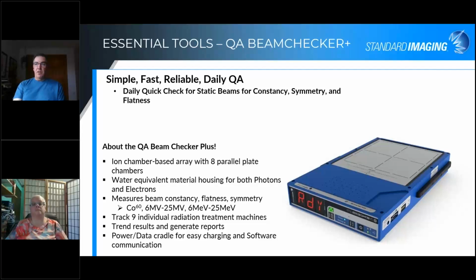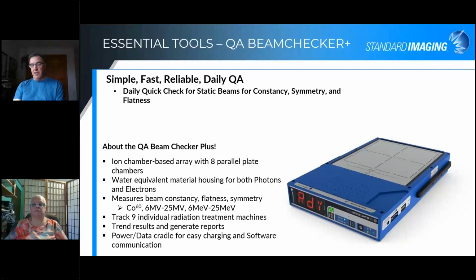And the nice thing too is it automatically resets. When you deliver one beam, you'll see the readout says RDY. If there's any kind of issue, be it flatness, constancy, or symmetry, it will indicate that there and let you know. But if everything was fine and your beam passed all the tests, it'll automatically reset and give you that RDY.